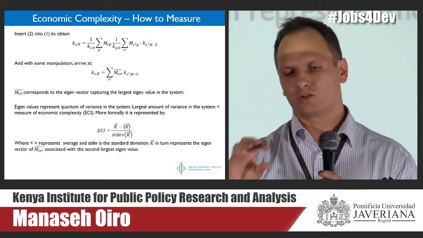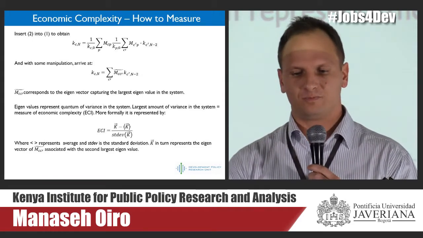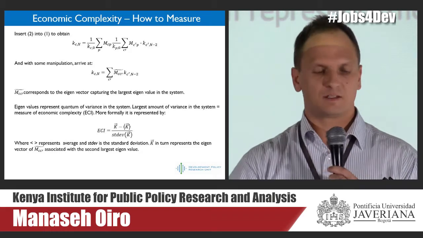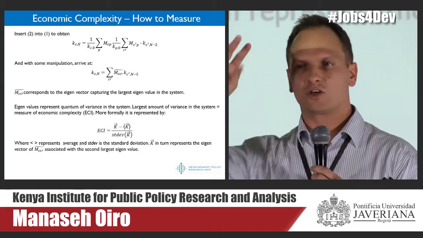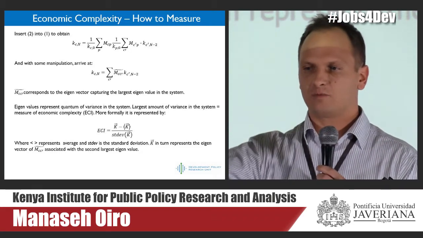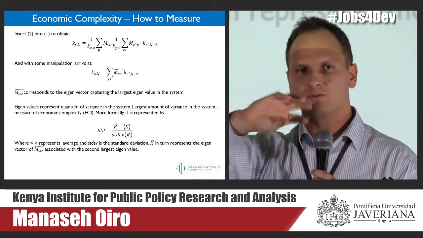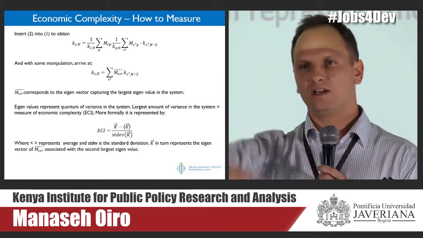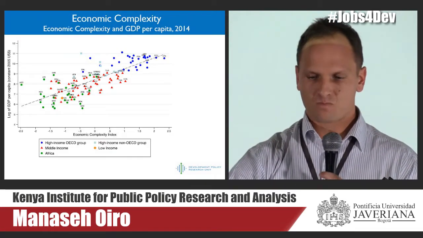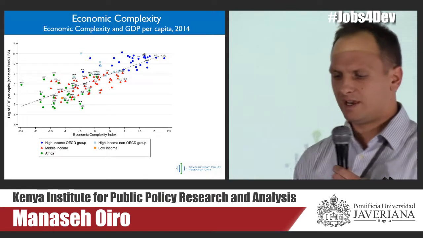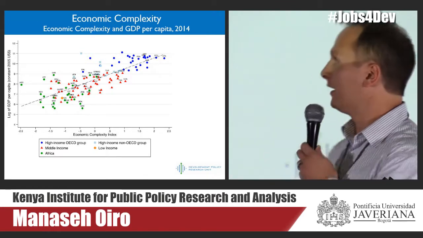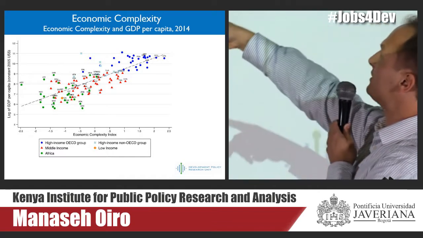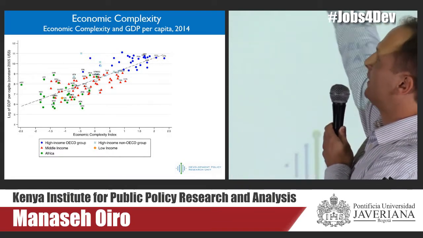And I mean, there's a large amount of math behind this, but it's basically this iterative procedure where you're correcting ubiquity information with diversity, and you're going back and forth, and eventually you get into an index for each country and for each product.